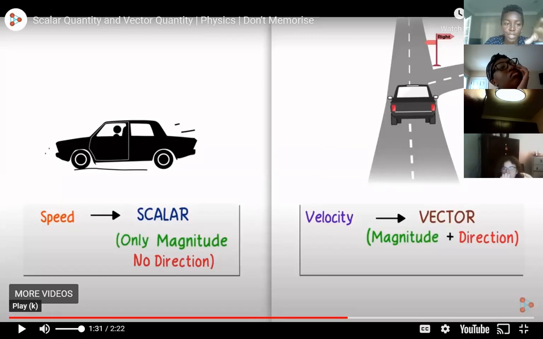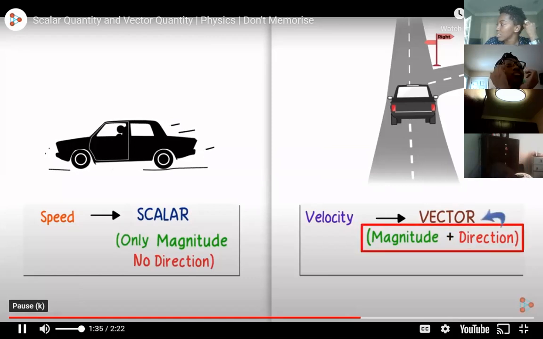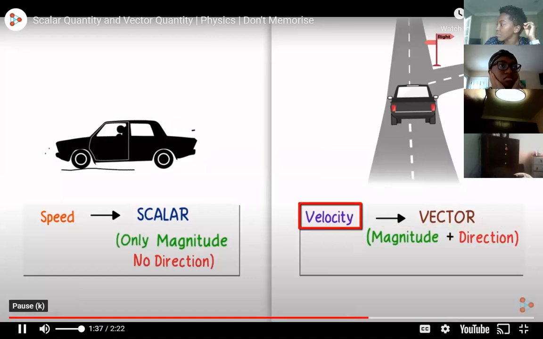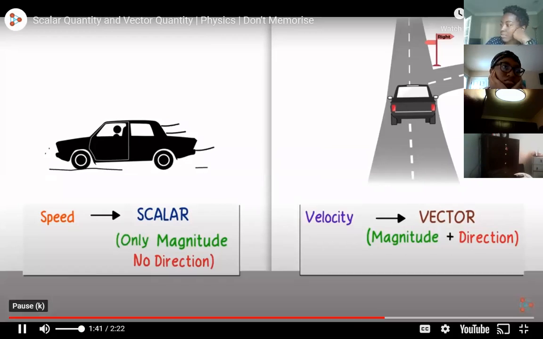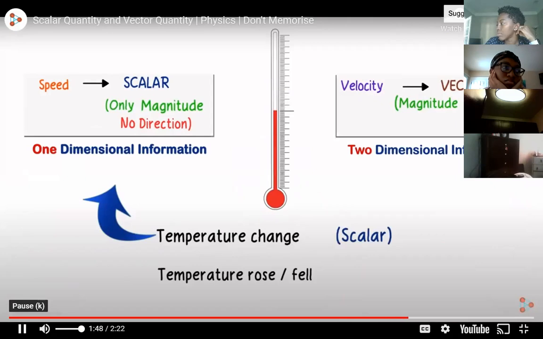Velocities we're going to cover next week. I just want to make sure you kind of understand this. When you add directional information to speed, it becomes a vector quantity called velocity. The additional information makes it more specific. Temperature change, for example, is a one-dimensional quantity. But when we specify rising or falling temperature, it is two-dimensional.